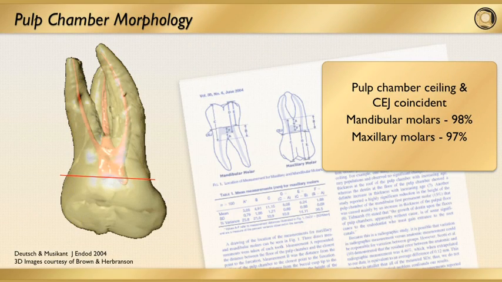Again, other important information can help us design our posterior endodontic access. In most cases, it is consistent that the CEJ and the actual roof of the chamber coincide in over 98% of all mandibular molar teeth, as well as 97% of the time in all maxillary molar teeth. What this means is the following.